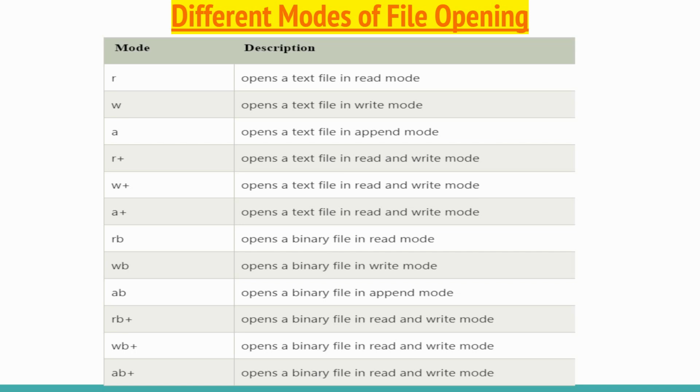So this also you can take a screenshot of. In the exam, if they ask you what are the different modes of file operation, you can explain this table. So this is also very important.